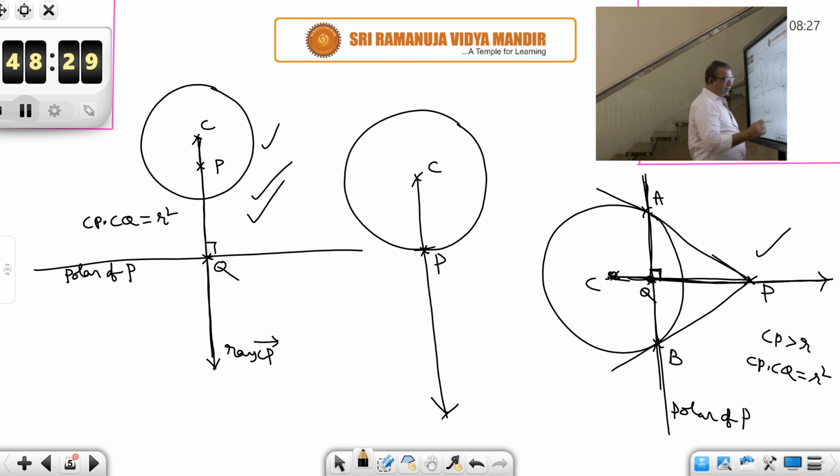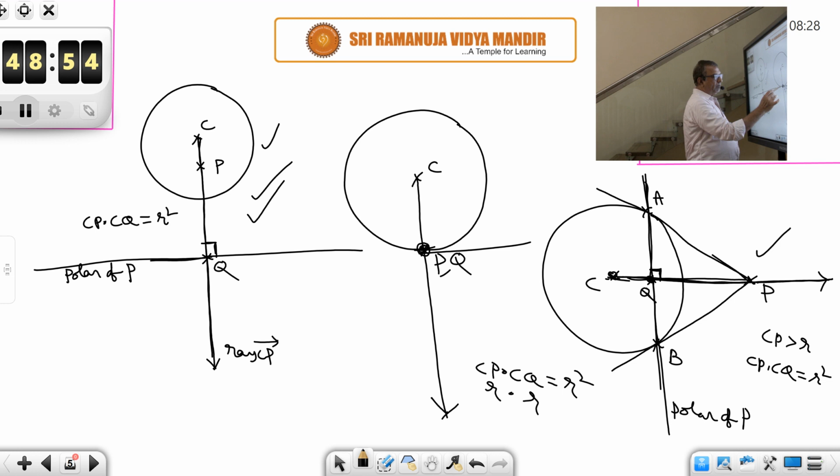On this ray I have to take a point Q such that CP into CQ is equal to R square. But because here P is on the circle, CP is already R. Therefore, CQ also must be R. Therefore, the point Q we have to choose as P only. P and Q will coincide. At Q I have to draw a perpendicular line, as per this construction.